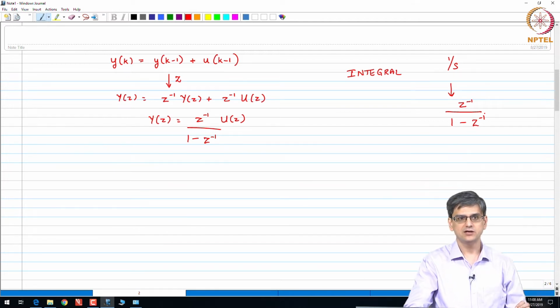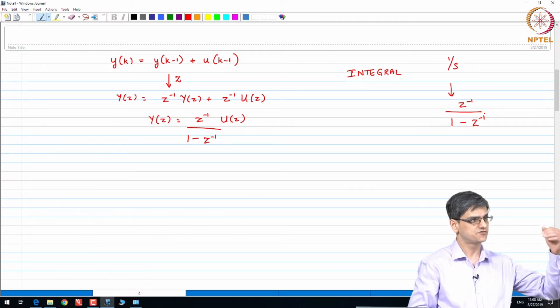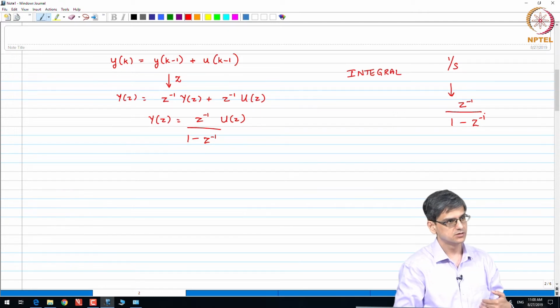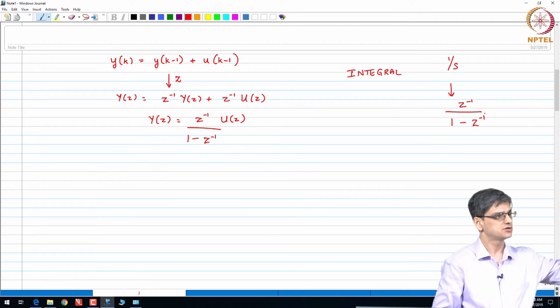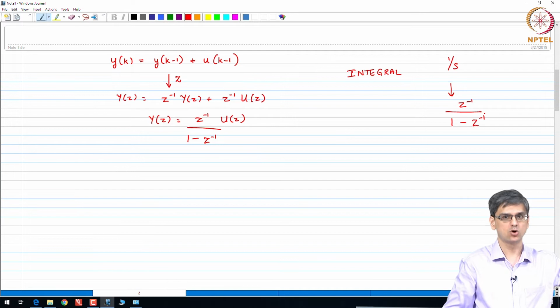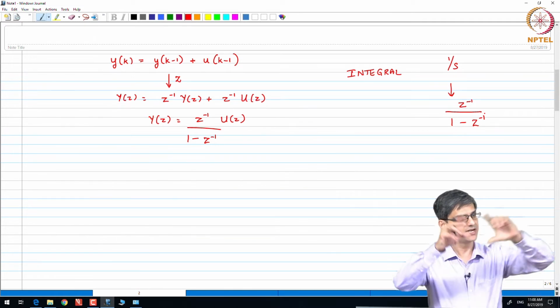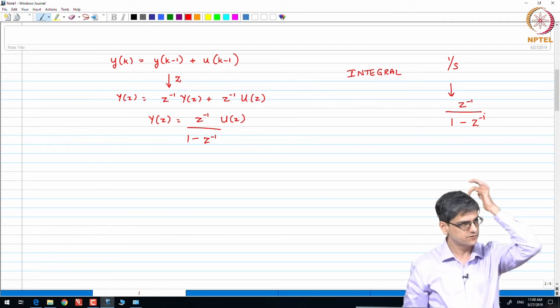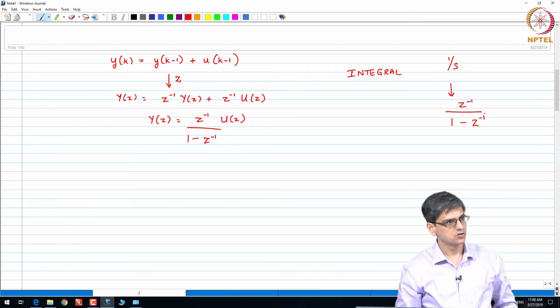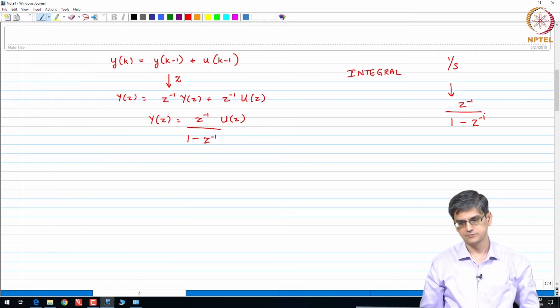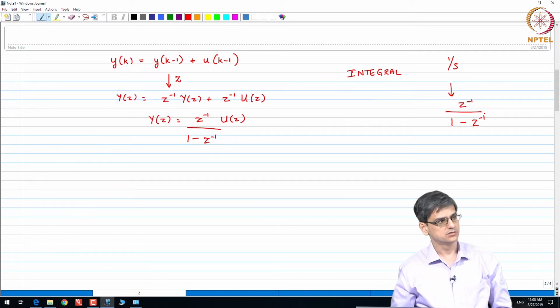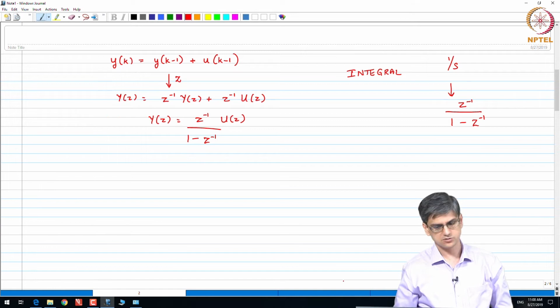Important to keep in mind, this is not a direct conversion from 1 by s to z. You are using zero order hold followed by an integral system followed by sampling. That entire thing is going to be converted in this manner, not without the zero order hold. So, this is what the integral is going to look like.